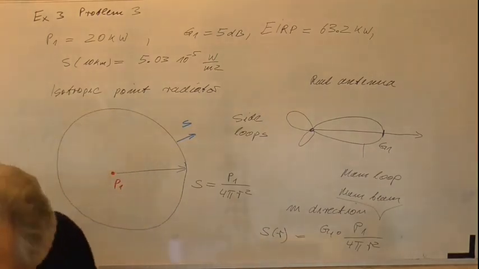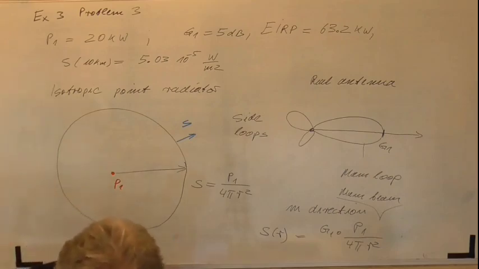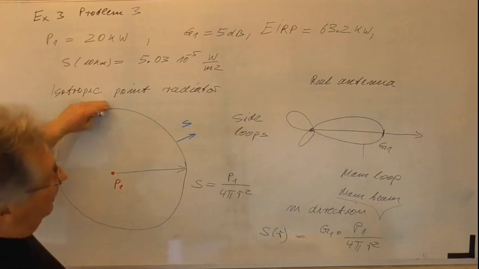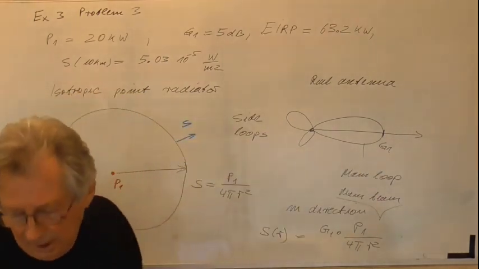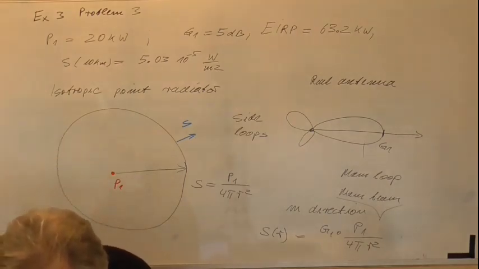Now, did this explain the questions? Did this help you to understand the isotropic point radiator and the gain of a transmitting antenna, for example? Or are there further questions?